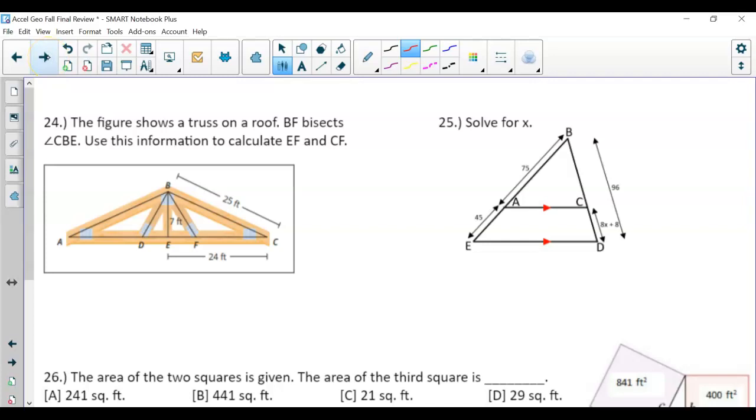So now 24. If you need to redraw this, you can just focus on this side here with our BEC and our information. So I'll redraw.